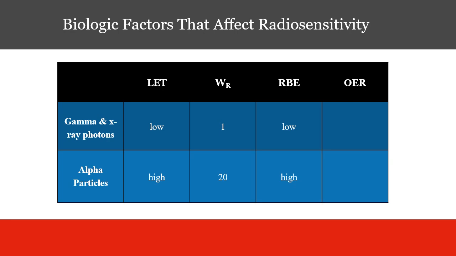That will be alpha. So alpha particles have a low OER. They don't care if oxygen is there. Well, the effect of X-rays and gamma will be increased or enhanced if there is oxygen present. So that's why they have a high OER. So there's an inversely proportional relationship between LET and OER.